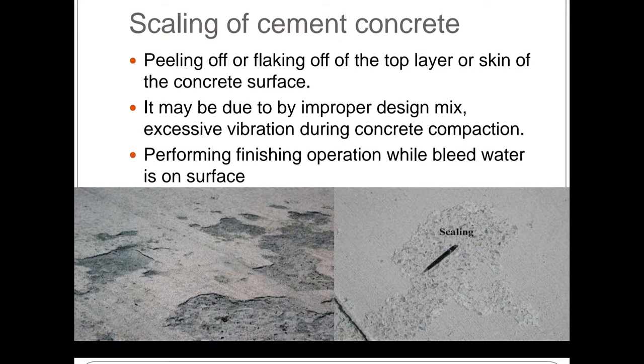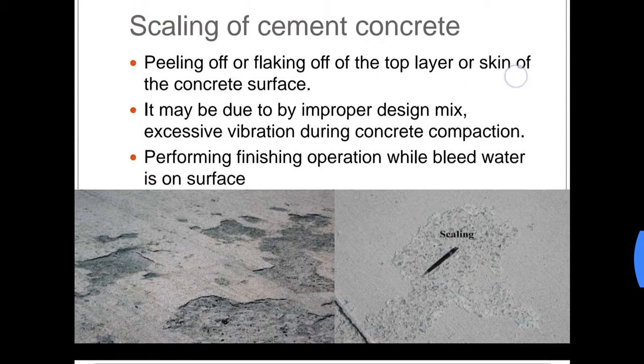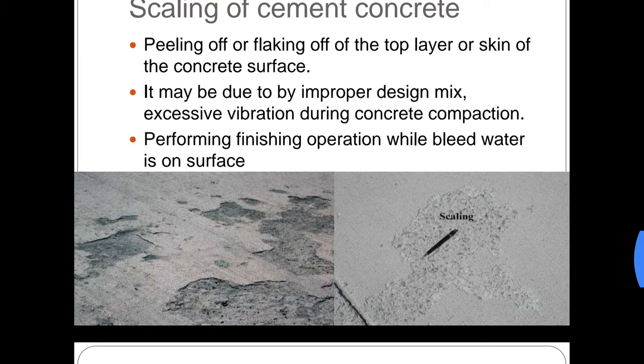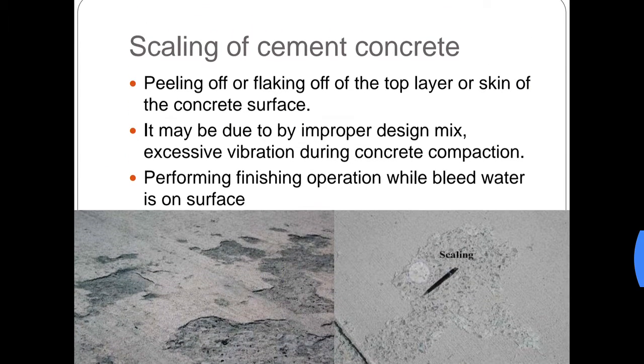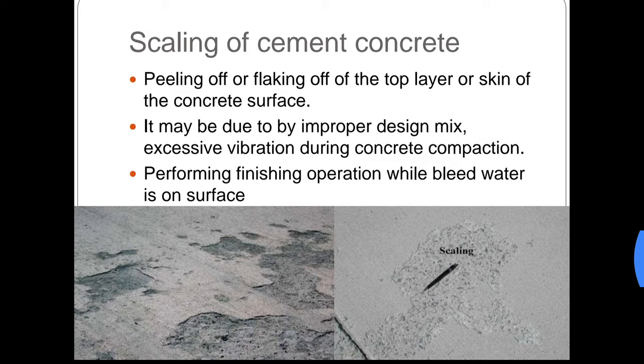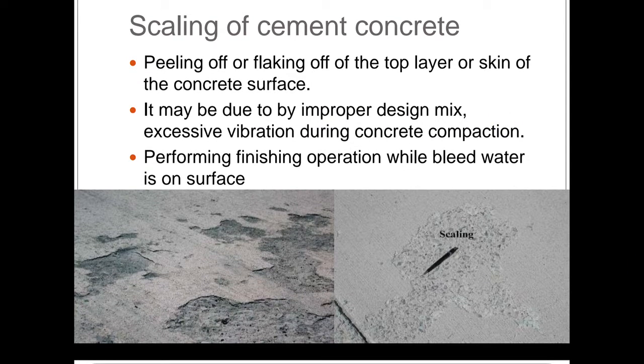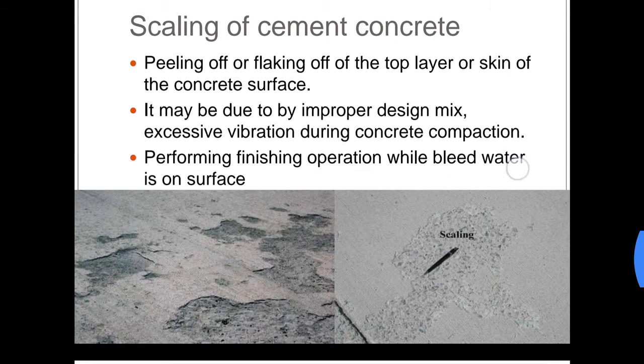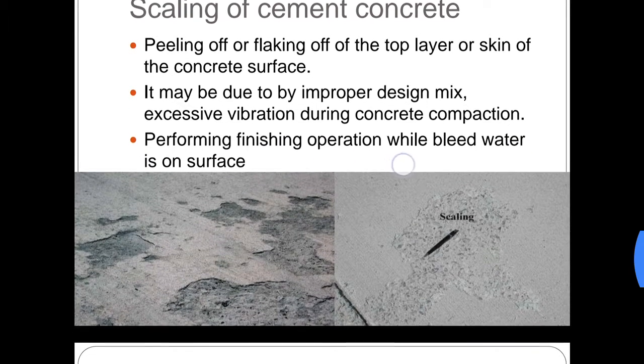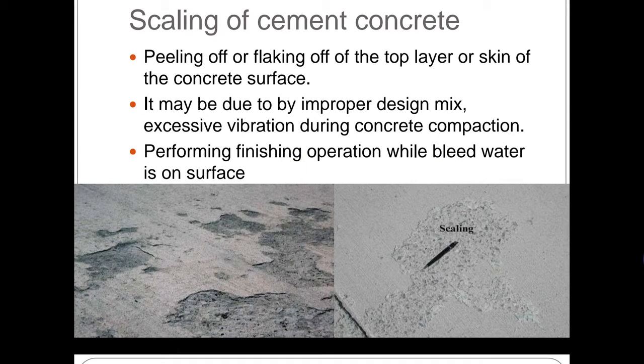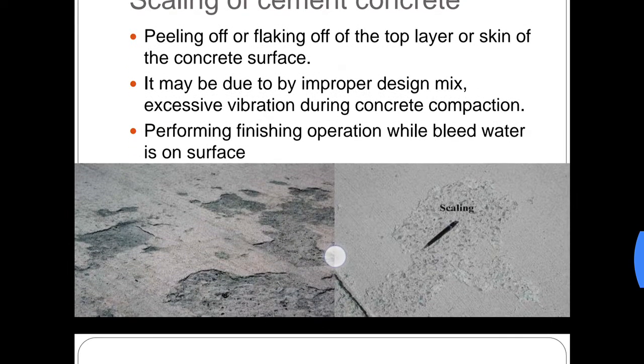It is nothing but the peeling or flaking off of the top layer or skin of the concrete surface, which you can see here. It may be due to improper design mix, excessive vibration during concrete compaction, or performing finishing operation while bleed water is on the surface. This can also lead to scaling at a later stage.